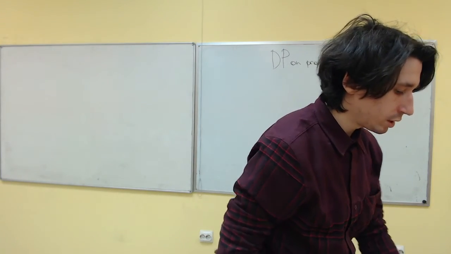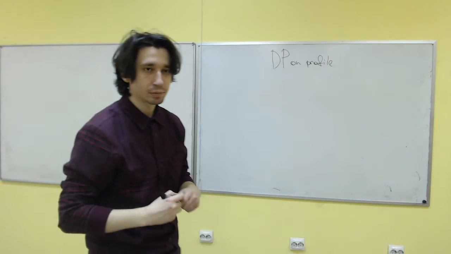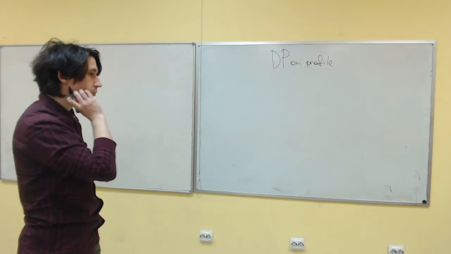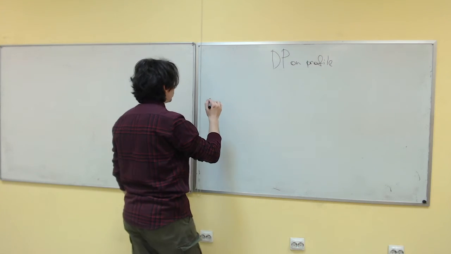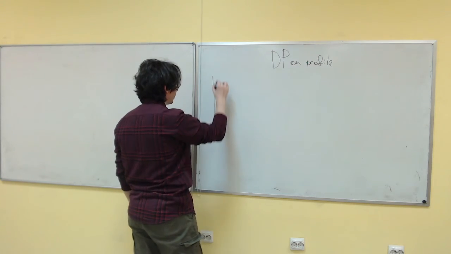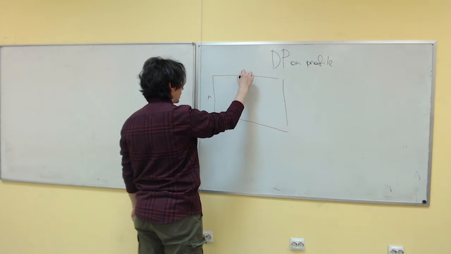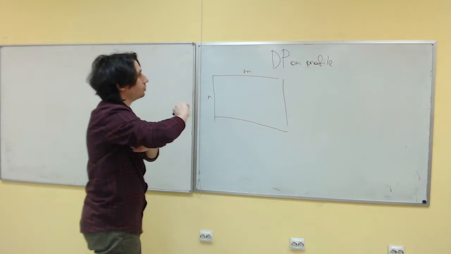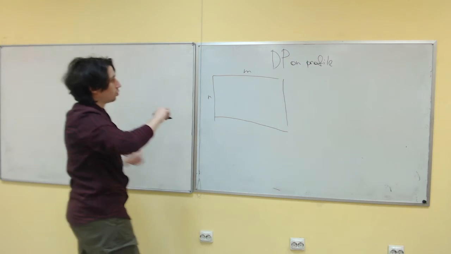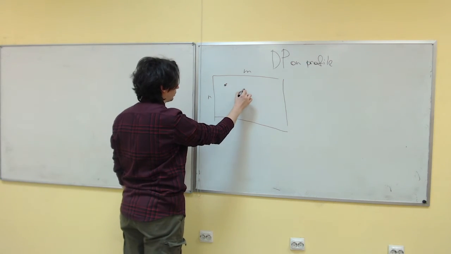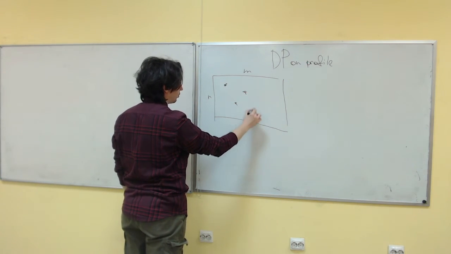Let's talk about a little bit more complicated problem. You have a table n times m with some cells thrown away.